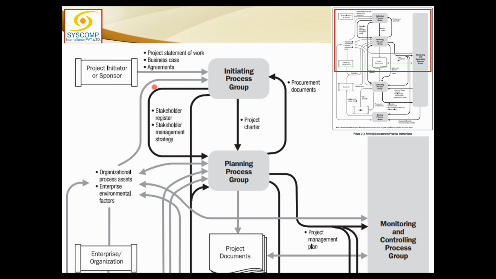So these documents contain a lot of detail. They actually explain what is to be done. And the project sponsor brings these three documents into initiation. And till this point in time, he is the only person in the project. No one else has been hired so far. So the whole responsibility of the project is on the head of the project sponsor till the time he delegates it to someone else like a project manager.